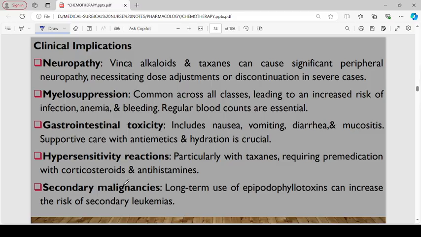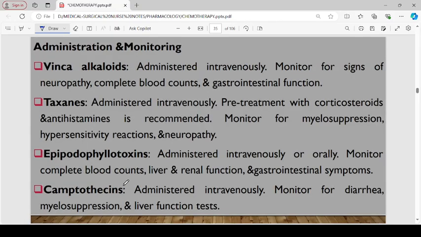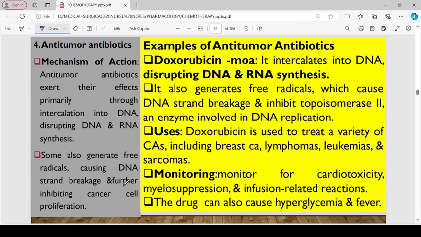Secondary malignancies: long-term use of epipodophyllotoxins can increase the risk of secondary leukemias, right? In terms of administration, vinca alkaloids are administered intravenously. Taxanes will be administered intravenously too. Epipodophyllotoxins are administered intravenously or orally, while camptothecins are generally administered intravenously.